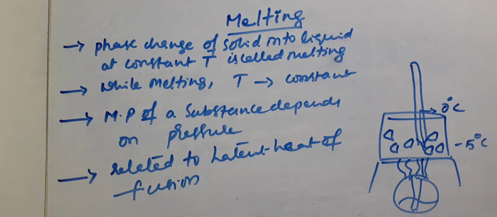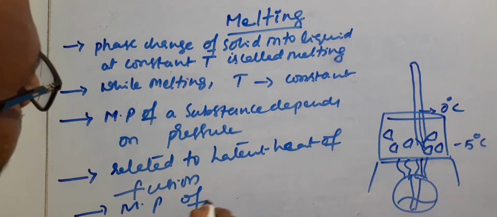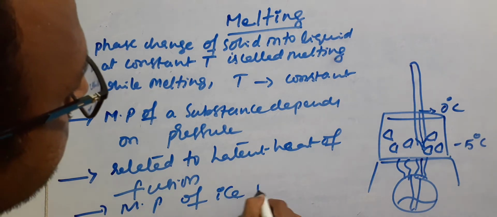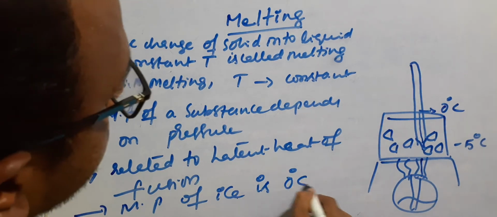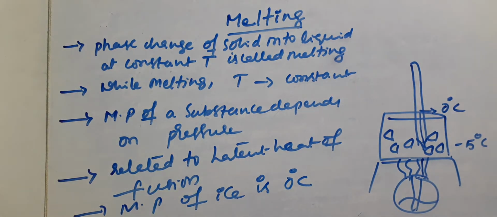So for example, the melting point of ice is 0 degrees Celsius at normal atmospheric pressure. So these are a few important points related to melting. The phase change of solid into liquid at constant temperature is called melting.